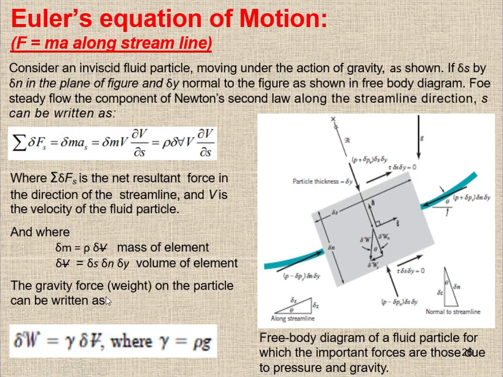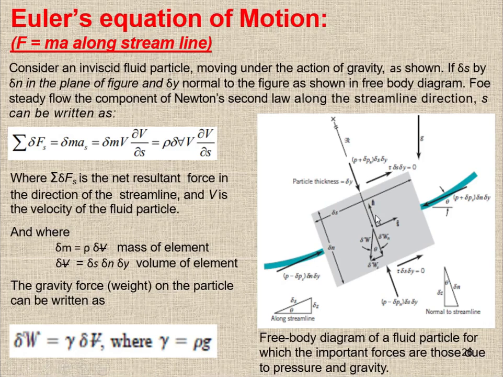The forces on the particle can be written as follows. There are two types of force: one is the pressure force and one is the gravity force. In the free body diagram you can see the weight W of the element, which acts downward. The weight W of the element is equal to the weight density times the volume, and the weight density is equal to rho times g.